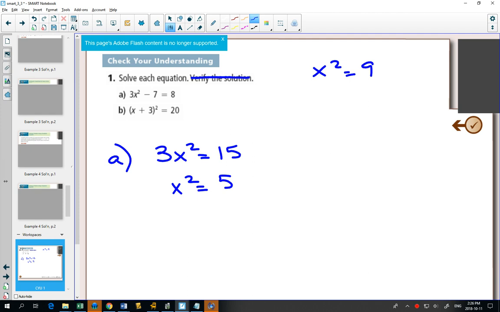Then to solve for x, we square root both sides. What happens when you square root both sides? You have to remember the plus or minus. And so this has two answers, and they both work. I divided both sides by 3. If you'd like, you can show that. Divide by 3, divide by 3.